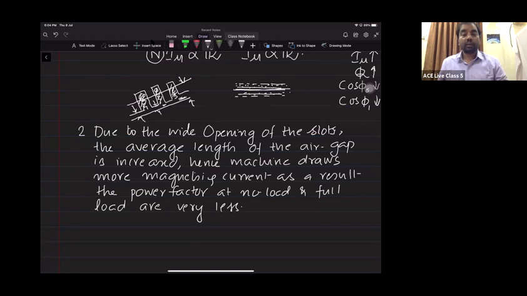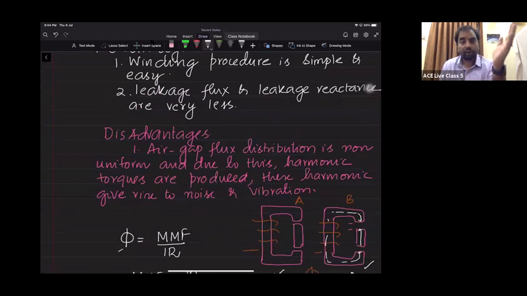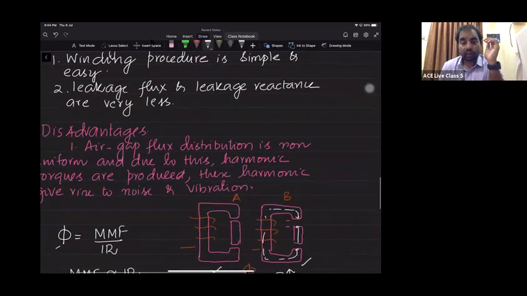So this is something about the second drawback, right? So once again, on one side of the coin, we have advantages. On the other side of the coin, we have the disadvantages. What are the advantages we have? As you can see, with the complete opening of the slots, the winding procedure is simple and easy. The leakages and the leakage flux lines are very, very less.